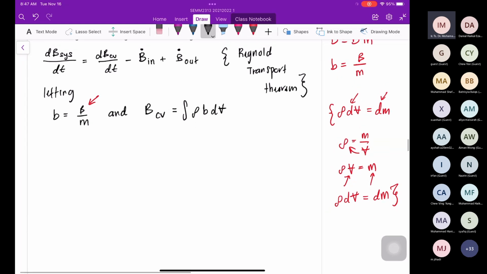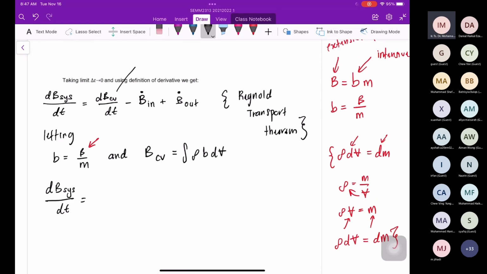After that, I substitute into the system. dB of the system over dt equals d over dt, integration of rho b dV.